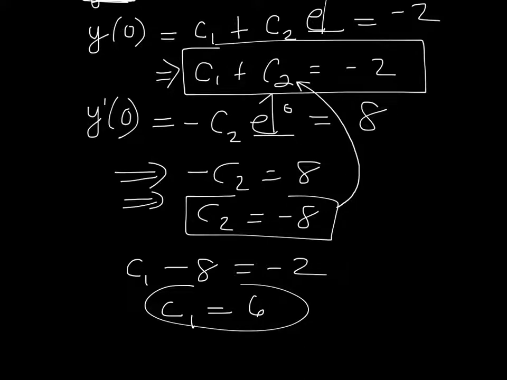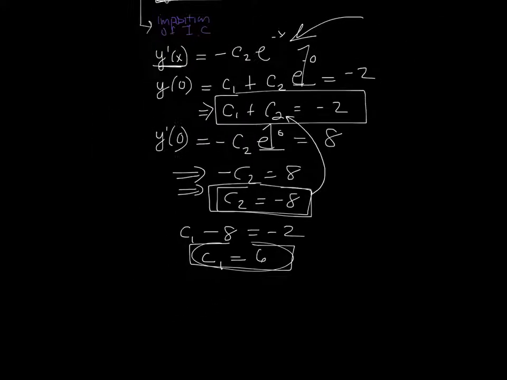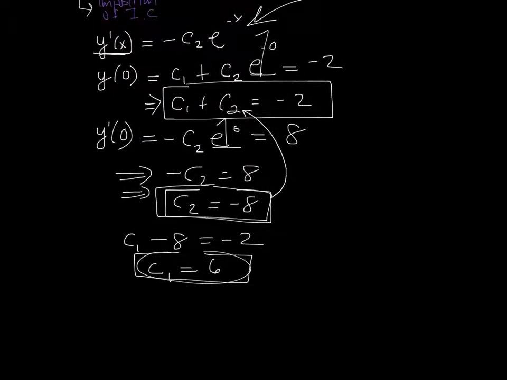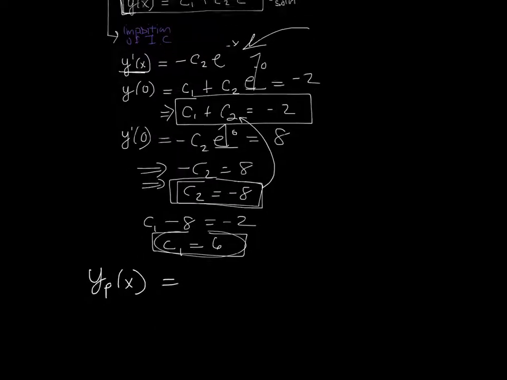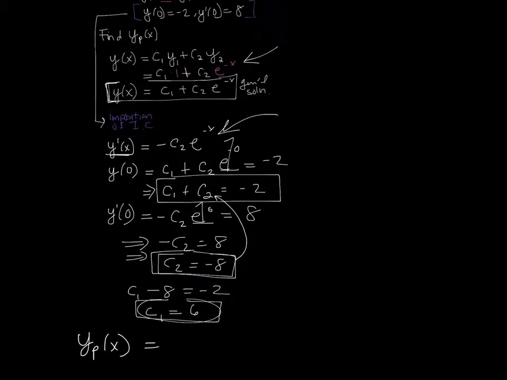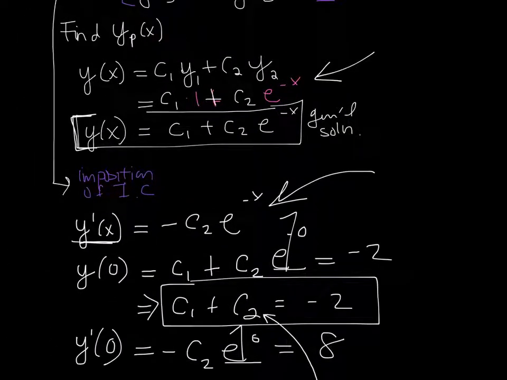All right, so we found our C2 and our C1, so now we can rewrite our general solution with our coefficients C1 and C2, which makes it a particular solution. So y_p of x, looking at our general solution, which was C1 plus C2 times e to the negative x.